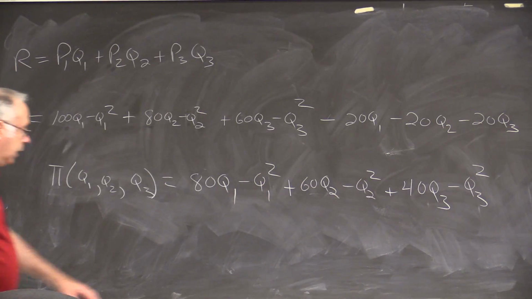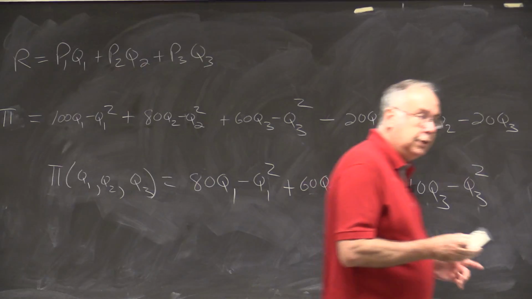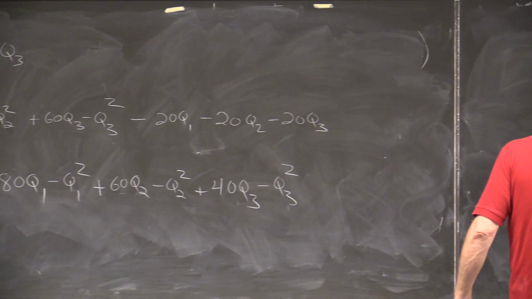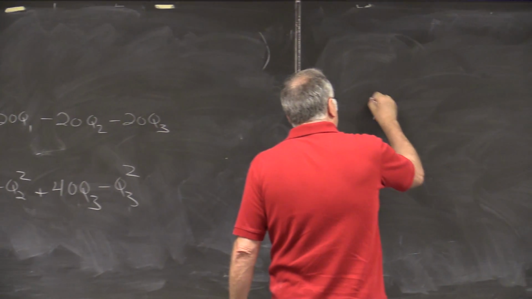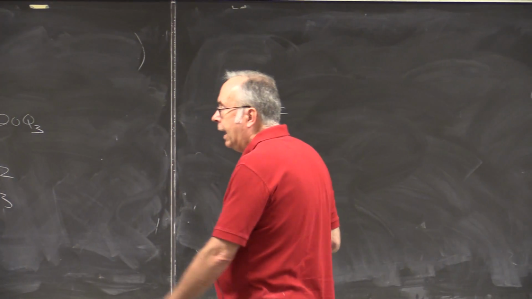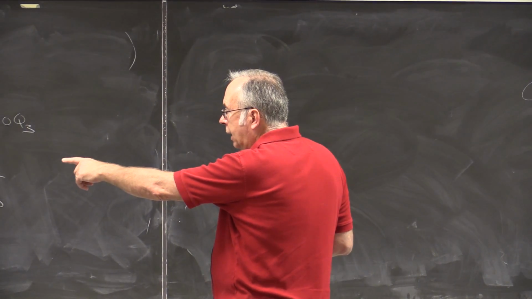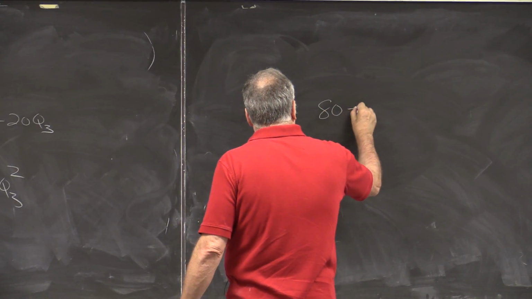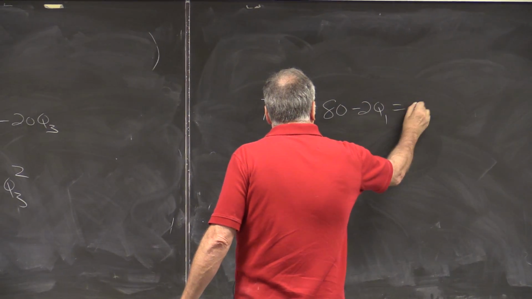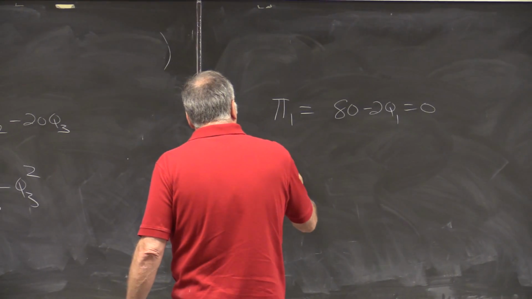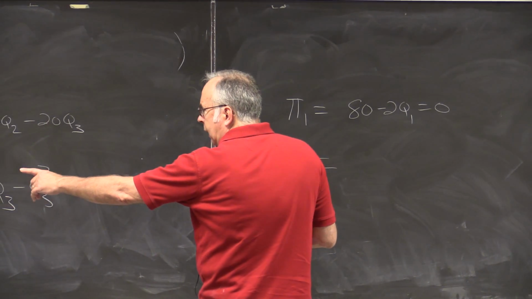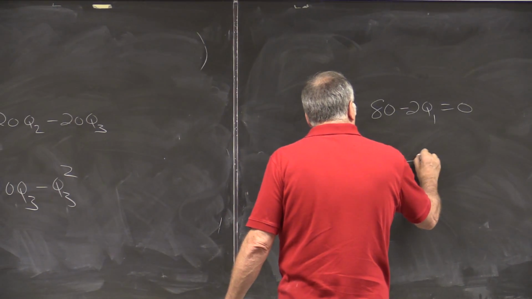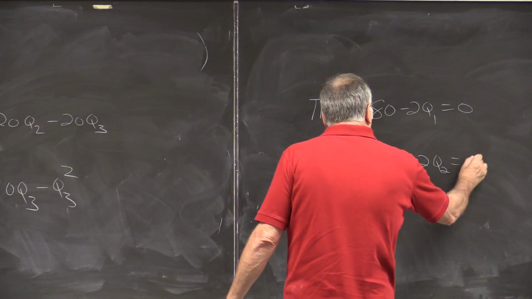Here's our profit function, expressed as a function of Q1, Q2, and Q3. Now, what are our first order conditions? The first order conditions are pi 1 equals 0, and pi 1 is just 80 minus 2Q1. Set that equal to 0. Pi 2 is just going to be 60 minus 2Q2, set equal to 0.